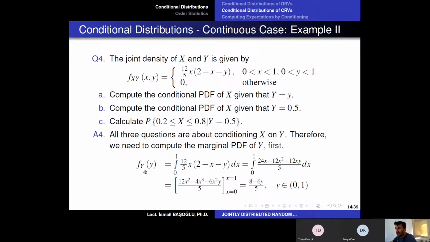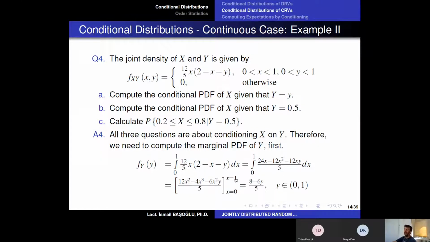So what is the marginal PDF of y? We integrate the joint PDF over x, throughout the whole domain of x, which takes values between 0 and 1. Integrating with respect to x gives (24x minus 12x squared minus 12xy) over 5.